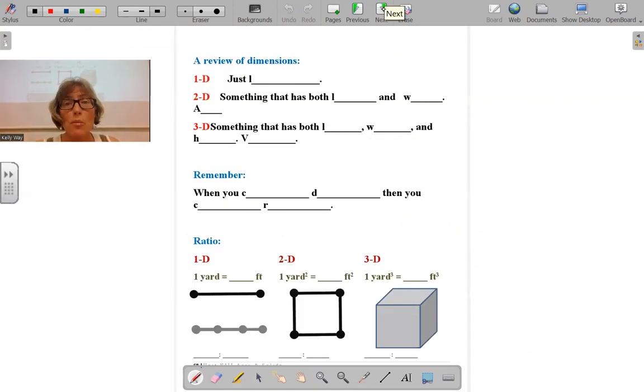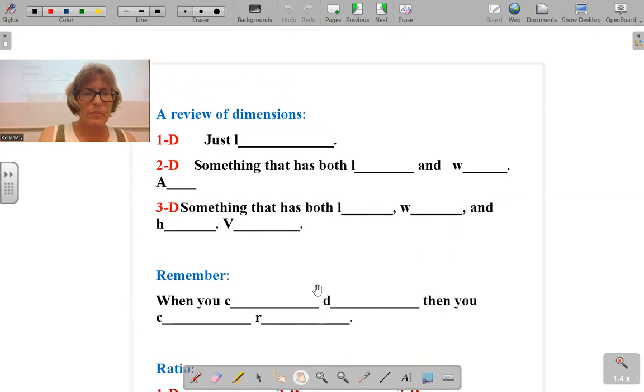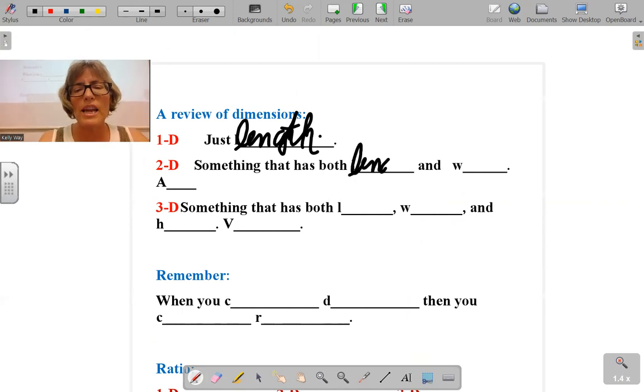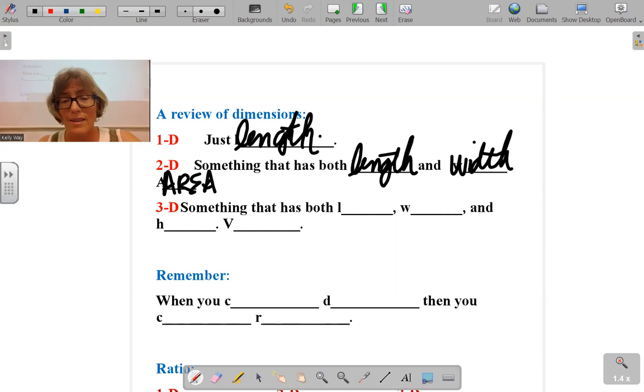Now, when things are similar, something really interesting happens. Let's recap our concept of dimensions. If something's just length, that's one dimension. Something that has both length and width, which is the concept of area, that's two dimensions.